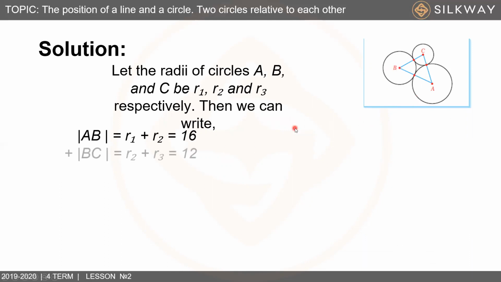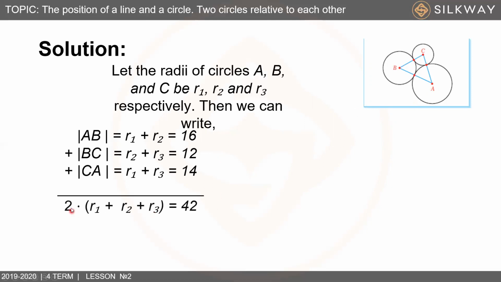From the given, R1 plus R2 is 16. Then R2 plus R3 is equal to 12, and R1 plus R3 is 14. Then we must add all of them. We take 2 times in brackets R1 plus R2 plus R3 is equal to 42.